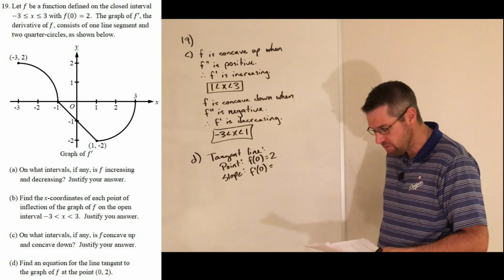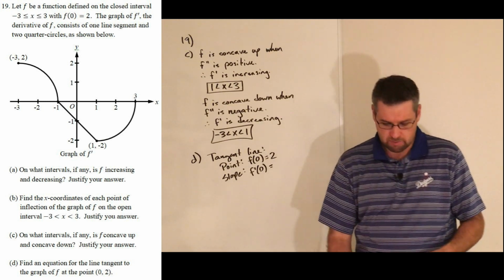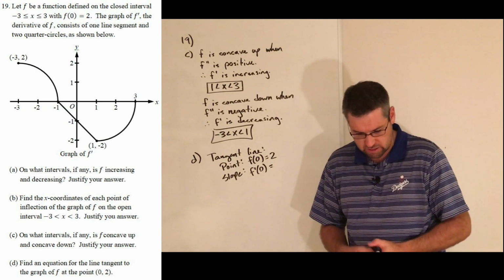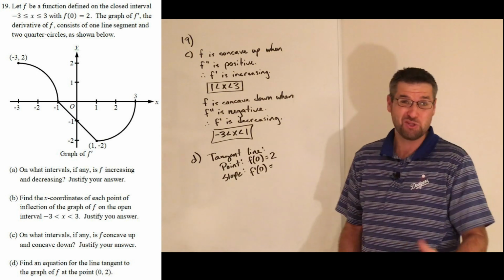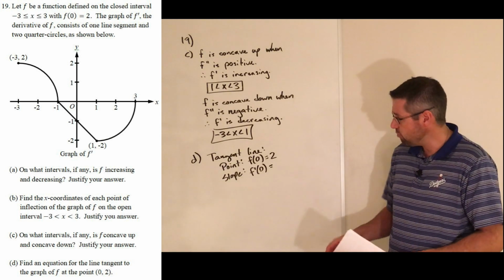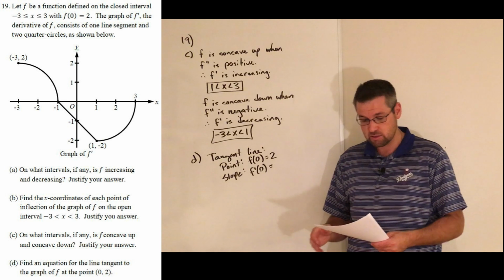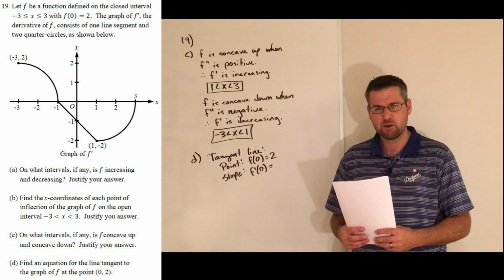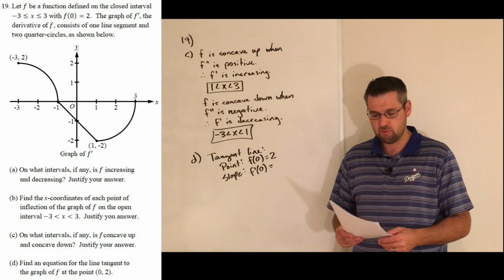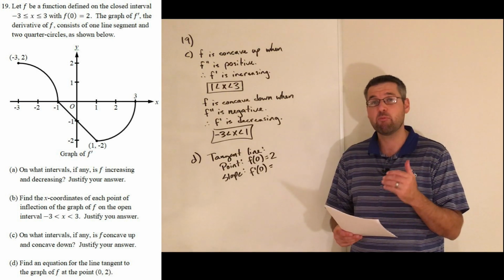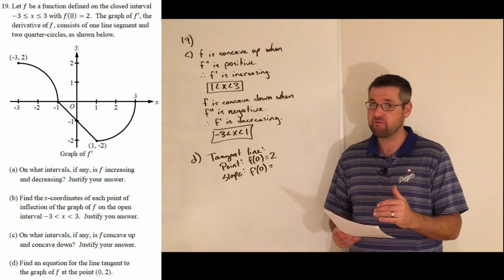So we're going to look at our graph here. Now this graph's a little deceptive. I don't like the way this is written because you can come up with the right answer but do it completely wrong. F prime of 0 means the slope of the curve. But we have to be careful because this is f prime, this is not f.